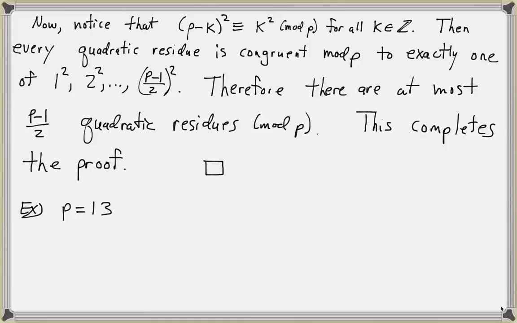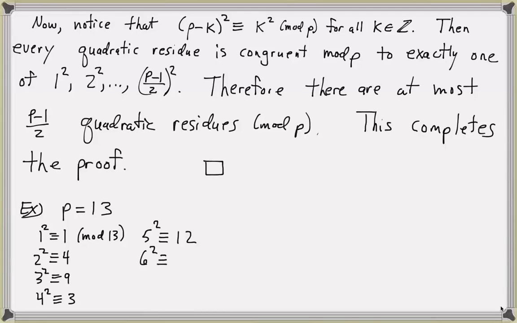So 1 squared is congruent to 1 mod 13. 2 squared is congruent to 4. 3 squared is congruent to 9. 4 squared is congruent to 16, which is 3. 5 squared is congruent to 12 mod 13, and 6 squared is congruent to 10 mod 13.